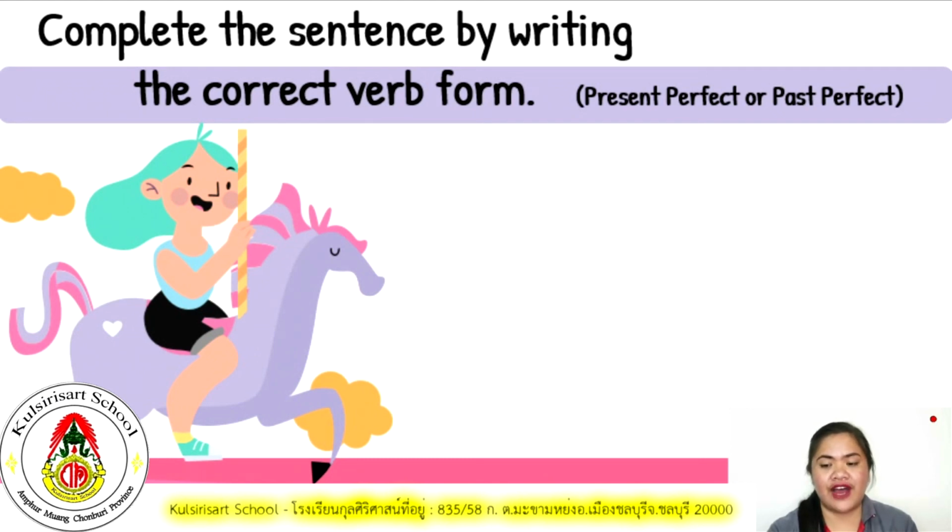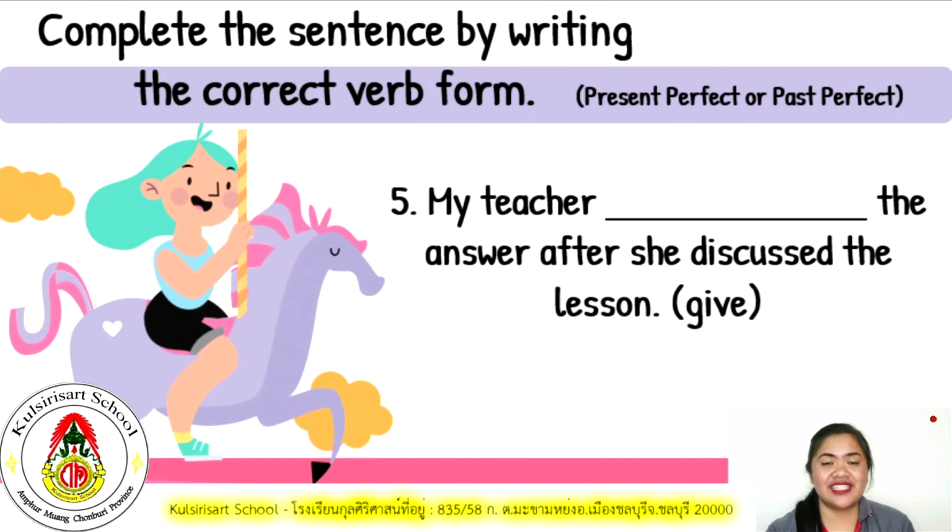Next, number 5. My teacher blank the answer after she discussed the lesson. Now, as you can observe in this sentence, it has another verb, discussed, meaning there should be another verb before this verb happened.